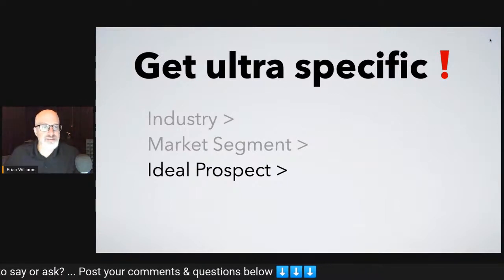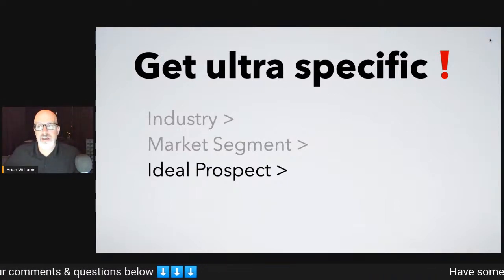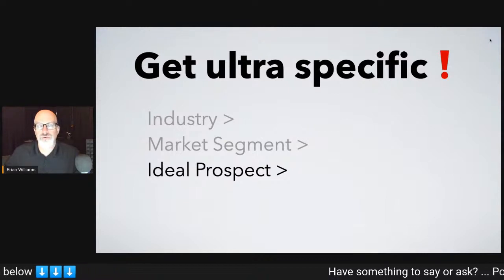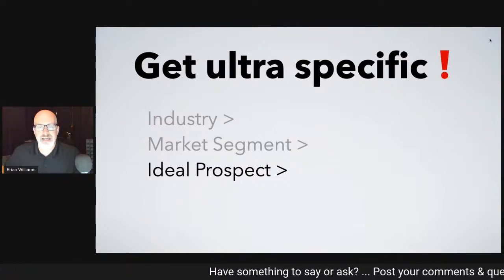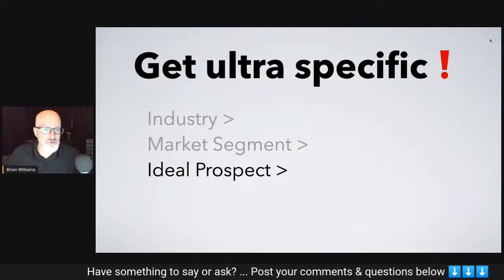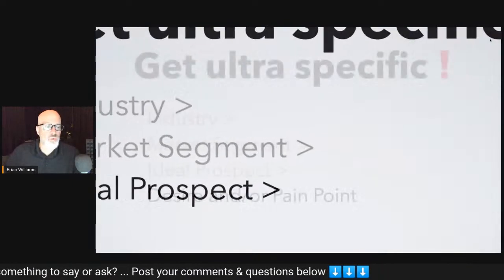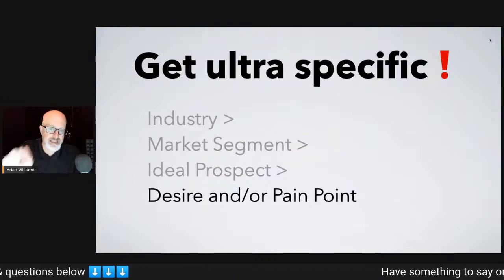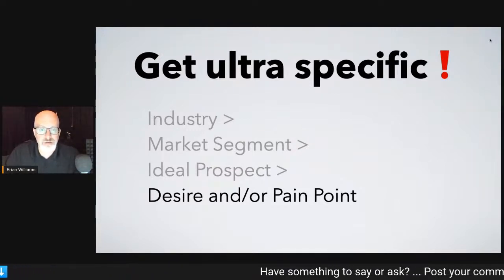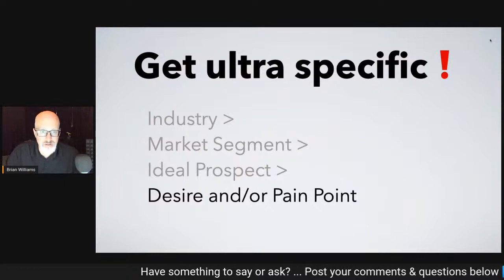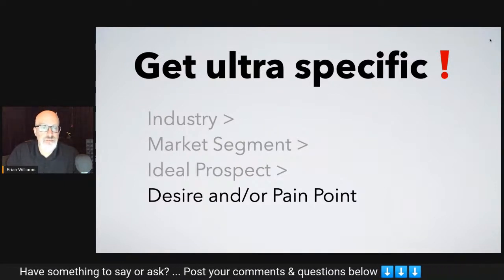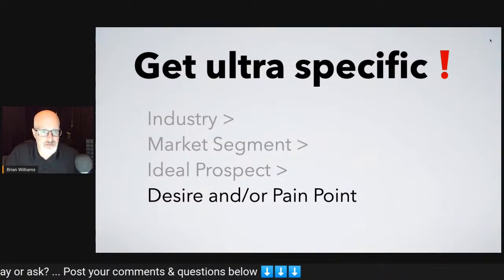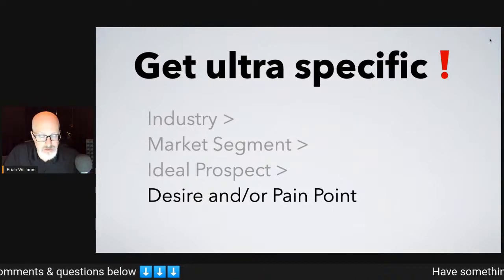And then what you're going to do is you're going to think, you're going to question, you're going to ask yourself and possibly others this question: what is it that those specific people in that specific business desire most? Or what is it that those specific people are frustrated by the most, or worry about the most?